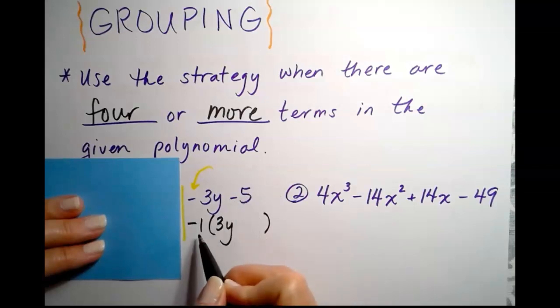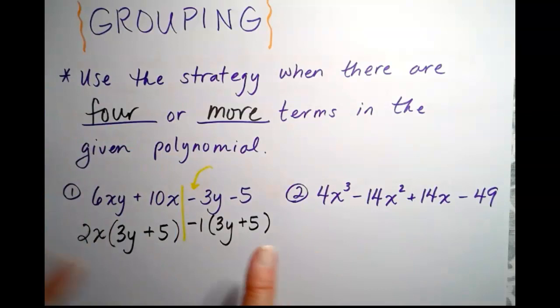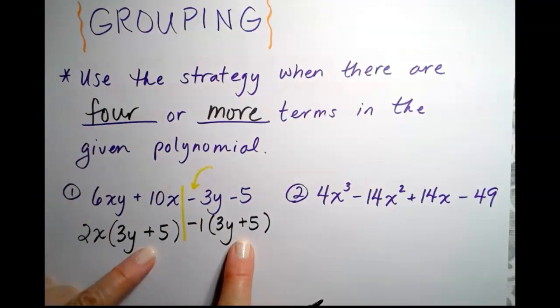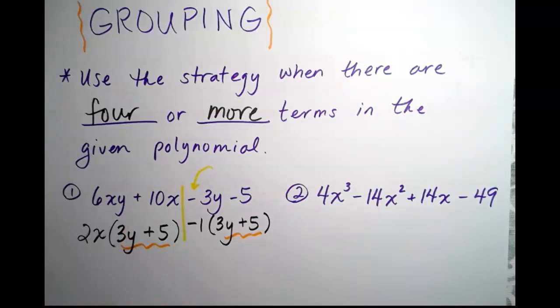Negative 5 divided by negative 1 leaves positive 5. And that is exactly the same factor that we had in the front. So it's a binomial common factor like we saw in the previous video. We can factor it out as the greatest common factor.